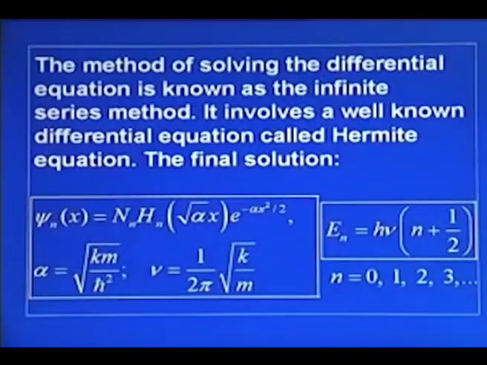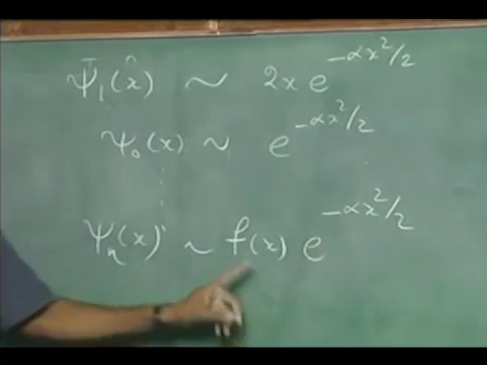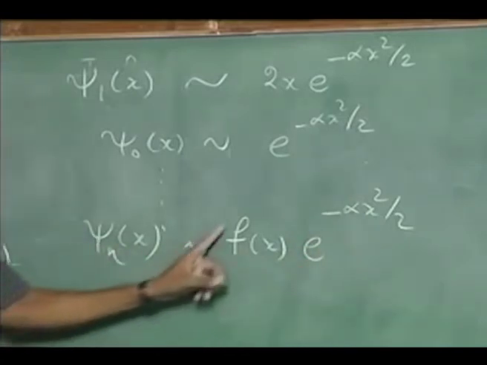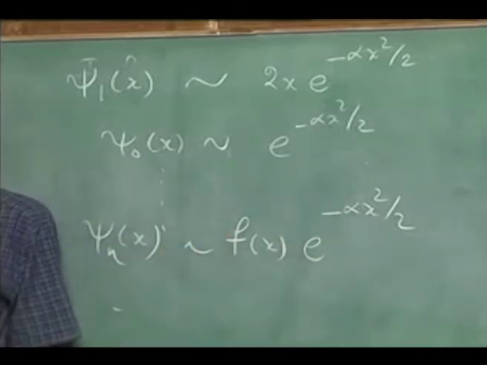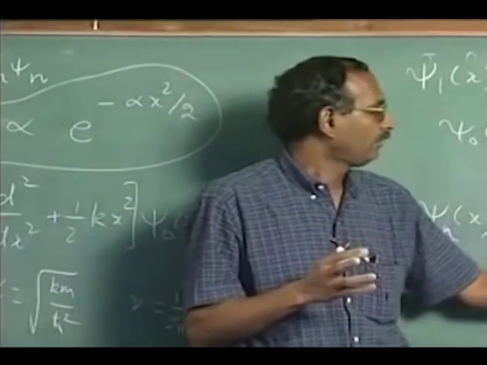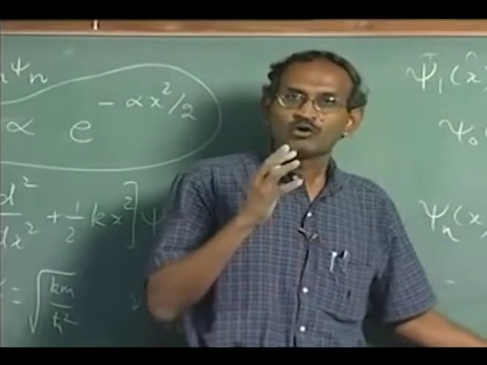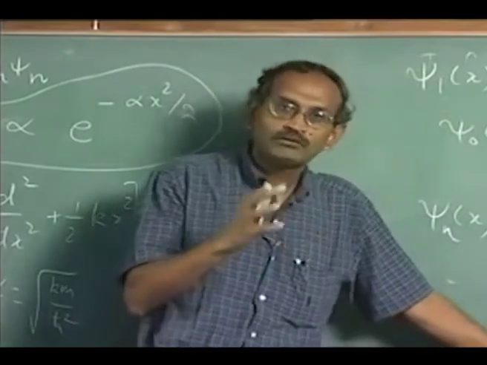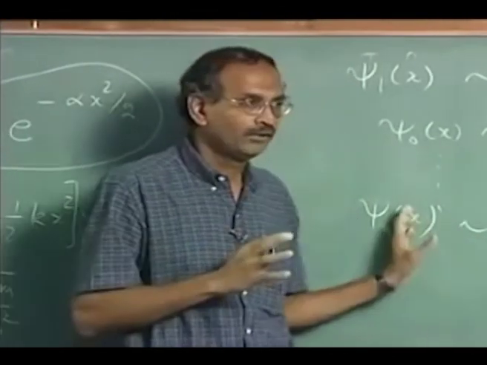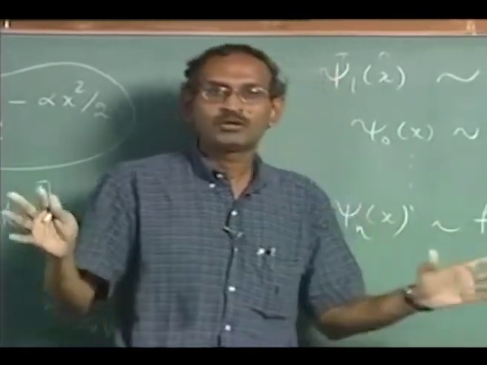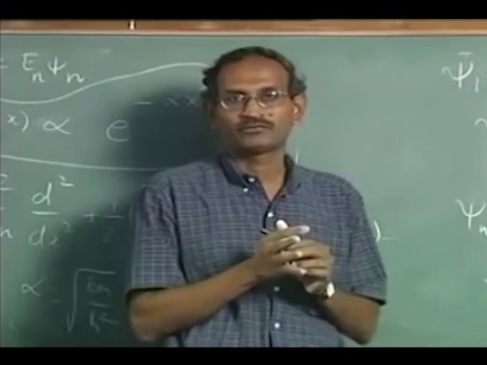Therefore, this function goes to 0 very quickly for large values of x. No matter what the value of the polynomial is, this always goes to 0. And this exponential goes to 0 much more quickly than any function for sufficiently large values of x. Therefore, this function actually dies down extremely quickly for large values of x.